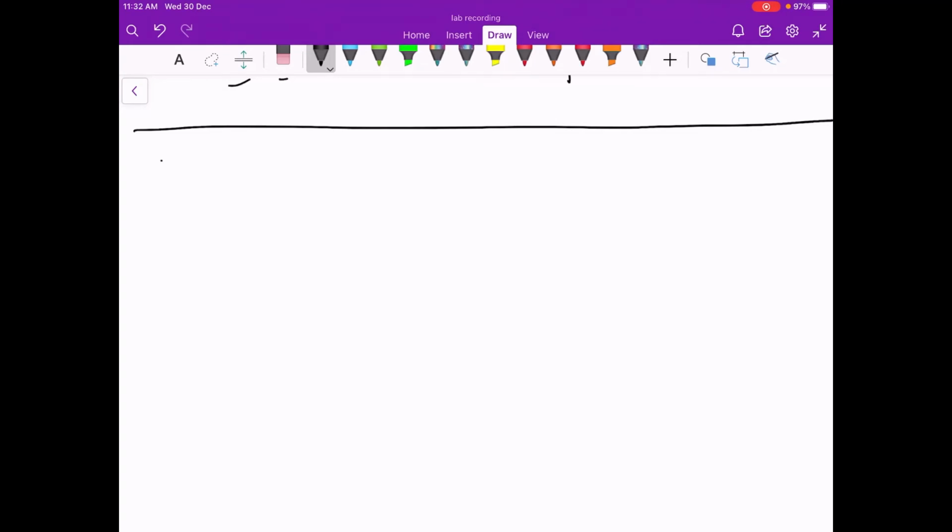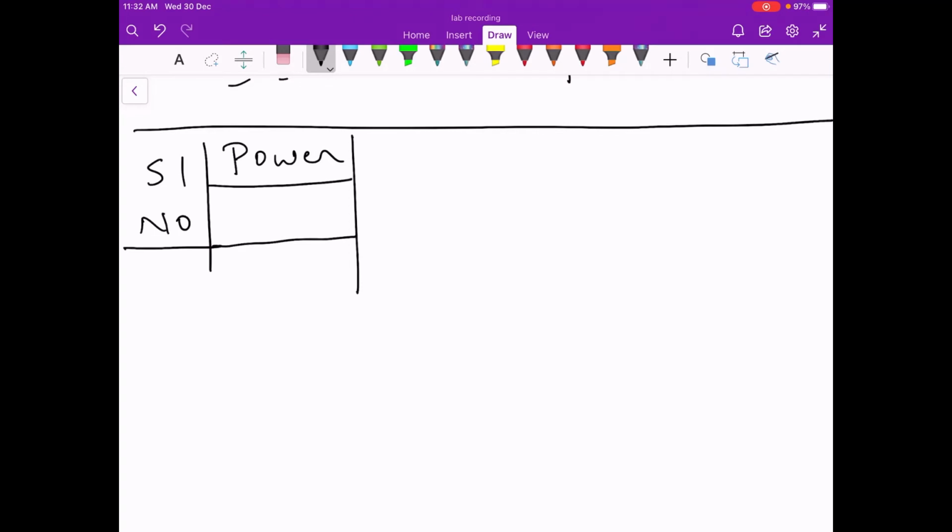Please try to take it down accordingly. You have a serial number. With this tabular column you should be doing this experiment. You have the power here, so V and I and finally Q. So it is watts. This is volts and this is amps.